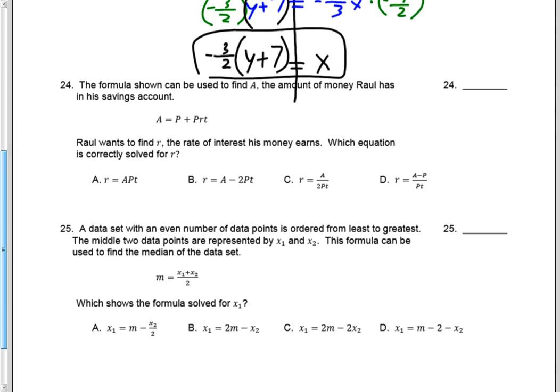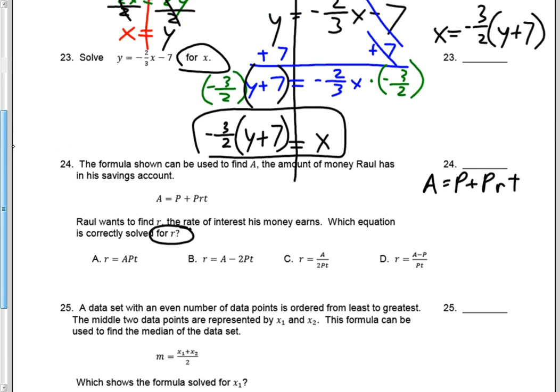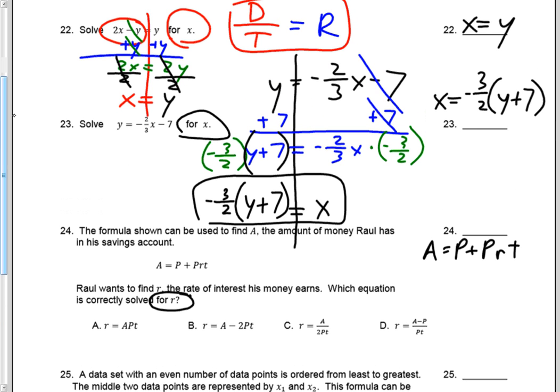Don't overthink these. Like number 24. A equals P plus PRT. It's on the same page as those other problems, so you're doing it the same way. But which letter do we want to get alone, according to the problem? R. That's just like them telling us x.